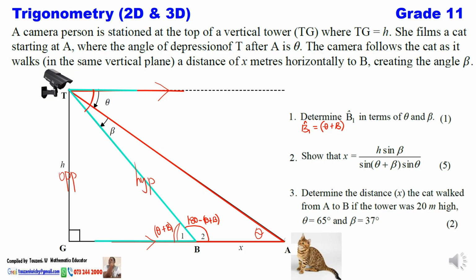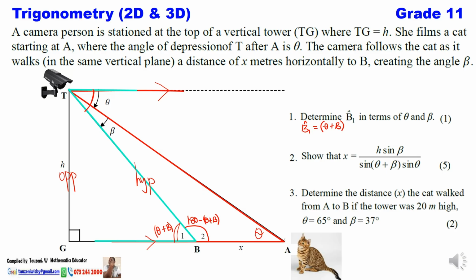Now, opposite and hypotenuse means we can apply sine theta in solving the problem. So we're going to calculate the value of TB using trigonometric ratios.